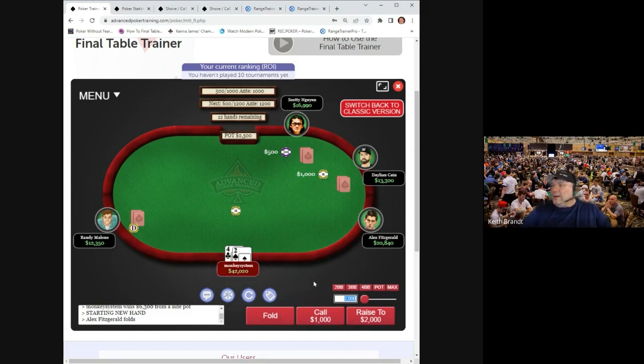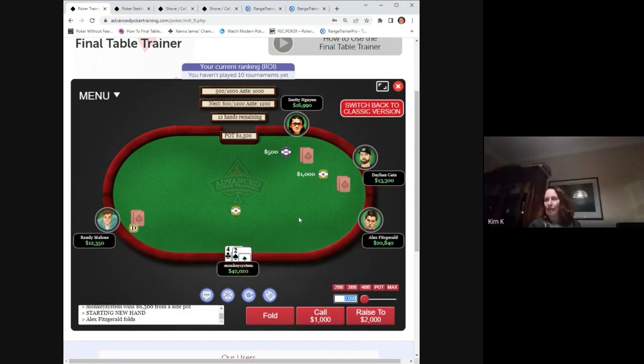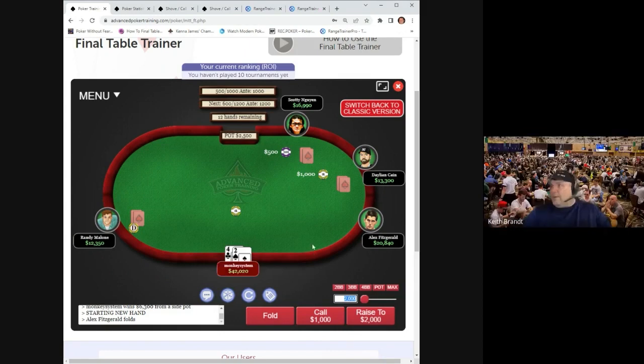Okay, we're the bully here, but are we opening with a hand like this? If the stack that's next to the big blind had like 3,000 chips, then we could definitely open this. It's a 1,000 blind. Yeah. I would say no. The ICM pressure is kind of reduced on these other players.